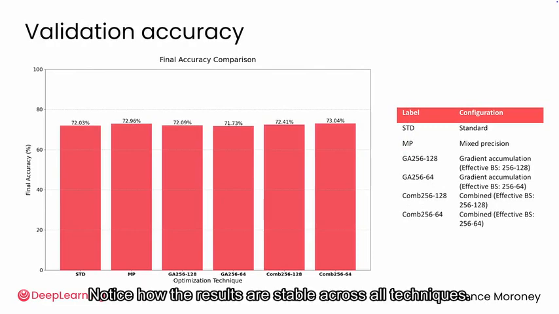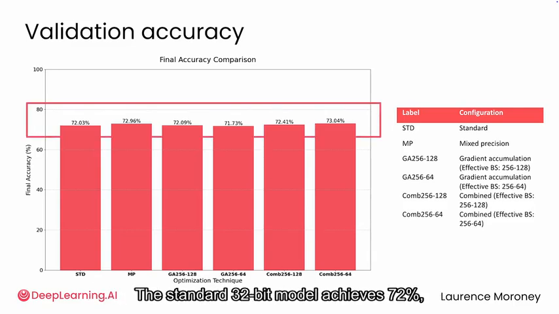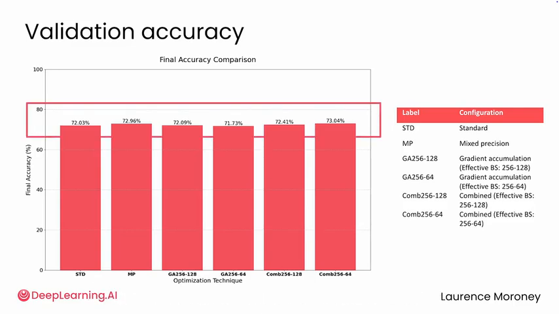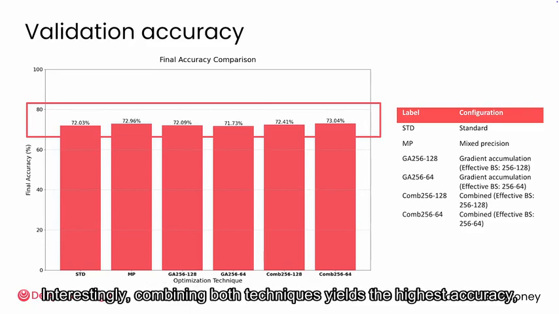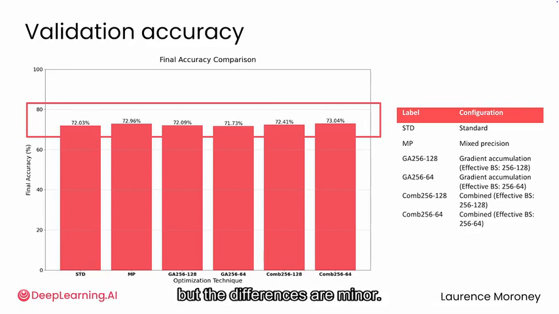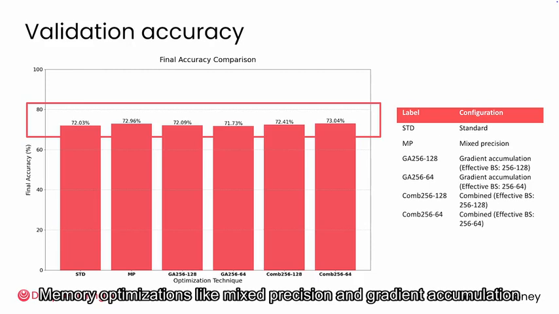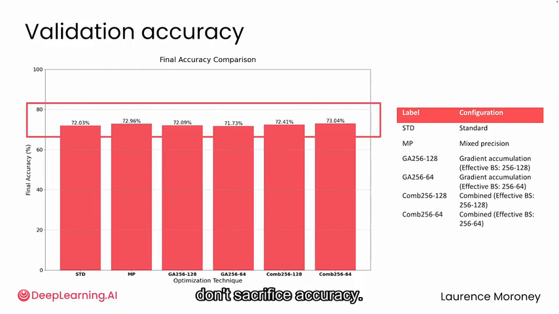Notice how the results are stable across all techniques. The standard 32-bit model achieves 72%, and other configurations are within 1% of this value. Interestingly, combining both techniques yields the highest accuracy, but the differences are minor. The takeaway? Memory optimizations like mixed precision and gradient accumulation don't sacrifice accuracy.